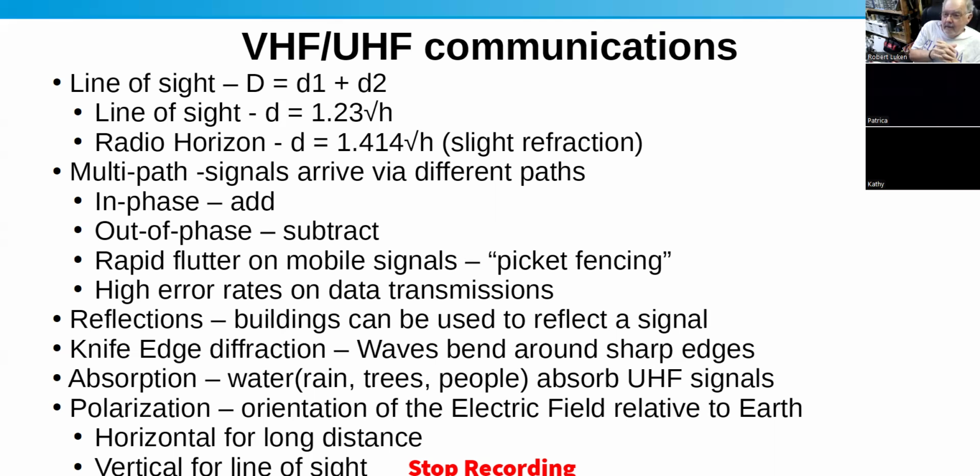So both ends need to be the same polarization. Now, that's not true when we talk about HF communications, where we're using refraction off the ionosphere because it gets converted to a circular or elliptical. That's a whole different thing we hadn't got to.